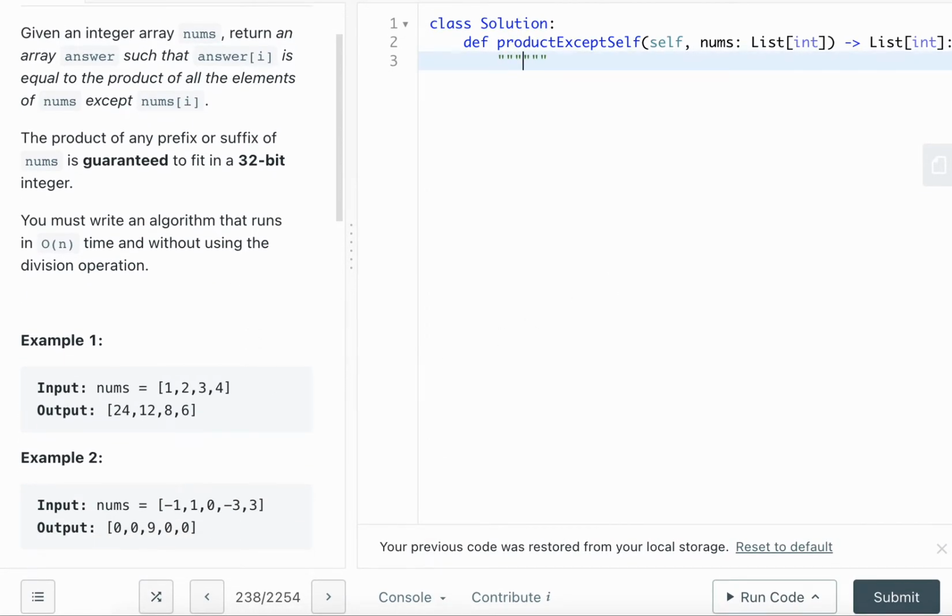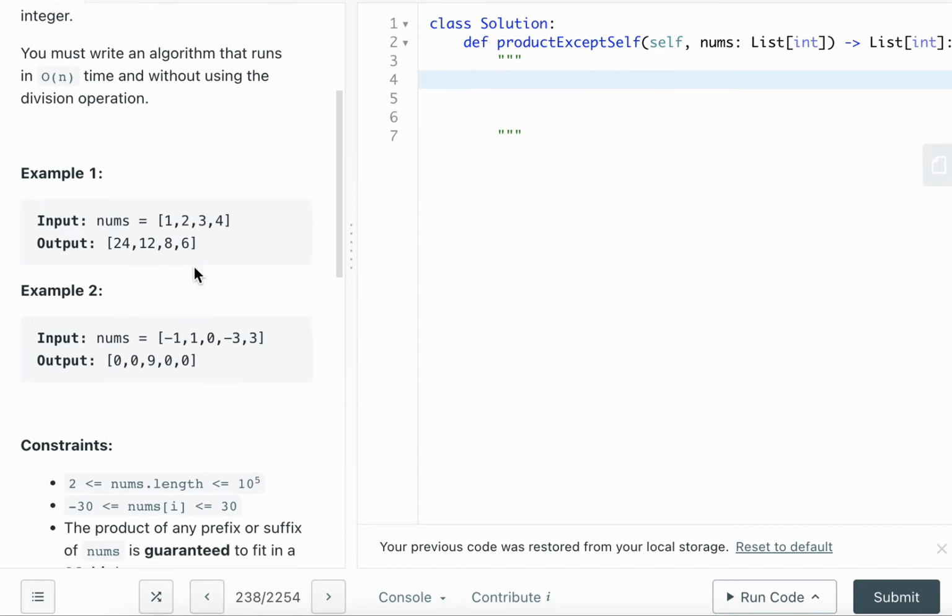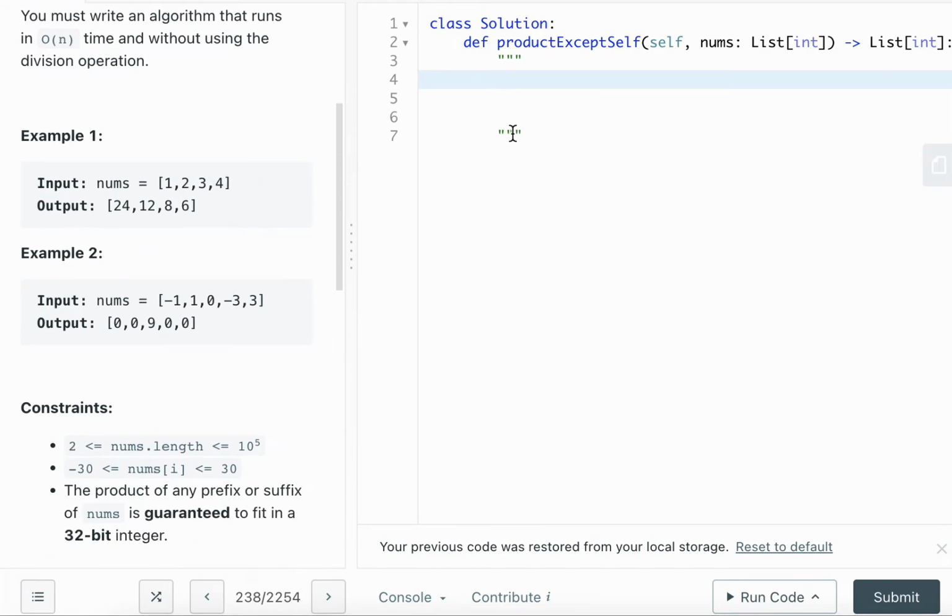And if you think about this, I'm not allowed to use the division, right? So how am I able to calculate this number in this array, 1, 2, 3, 4? If you think about it, you count the number for this 1.